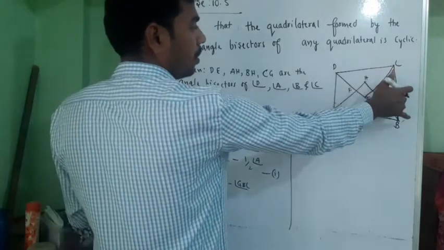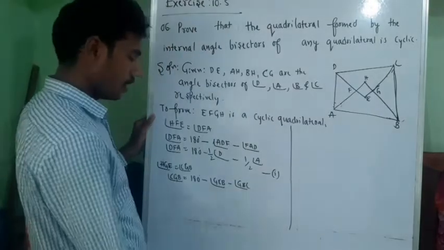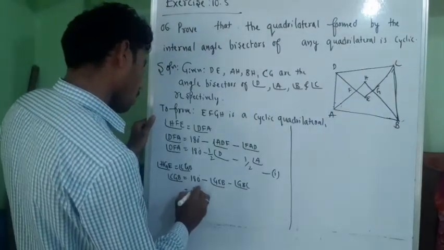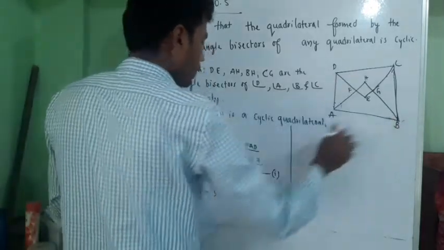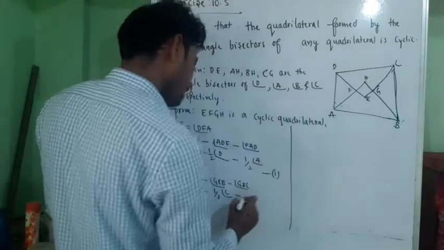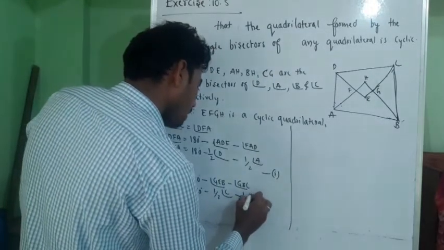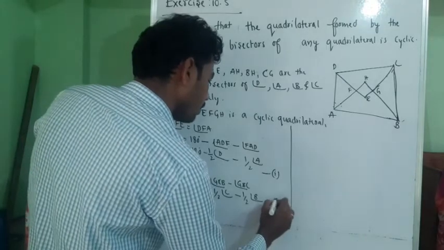I need to remove two angles, so 180 minus these two angles, I'll get this angle. Or else we can write it as 180 minus half of angle C, because GCB is nothing but half of angle C, minus angle GBC, which is nothing but half of angle B. So we call it equation number 2.